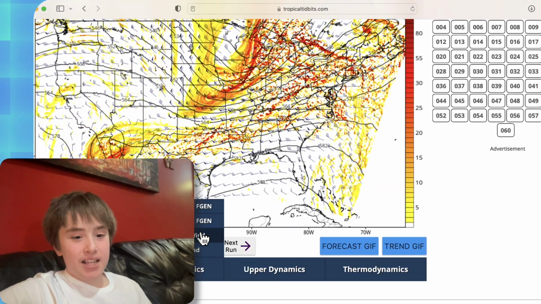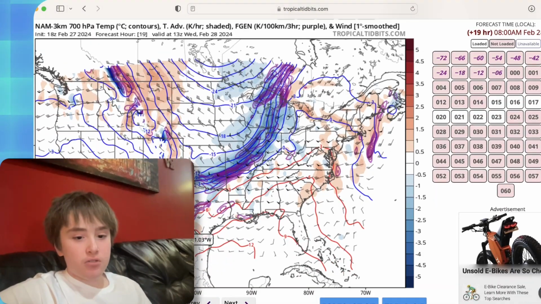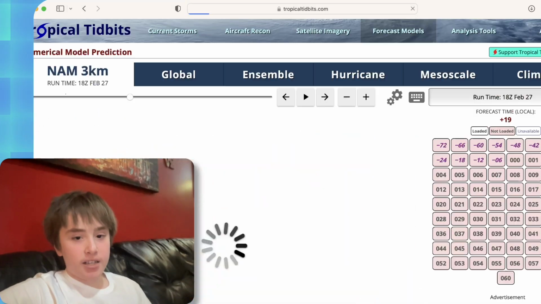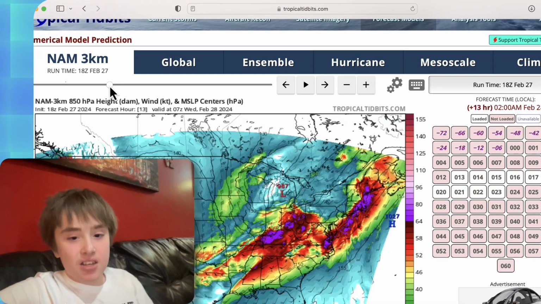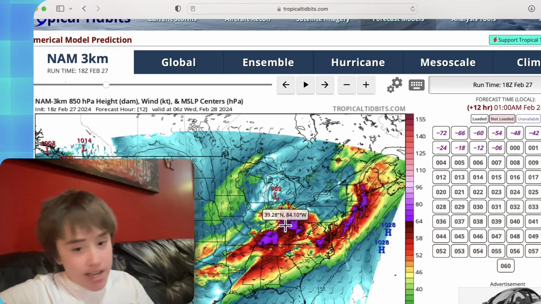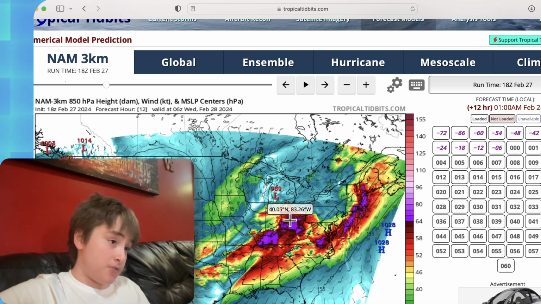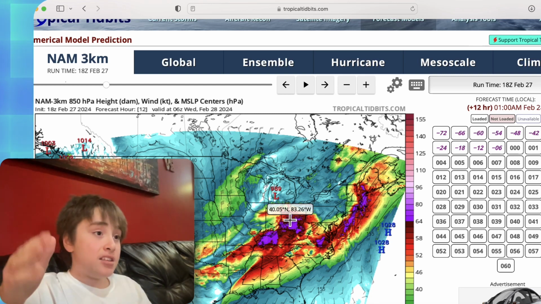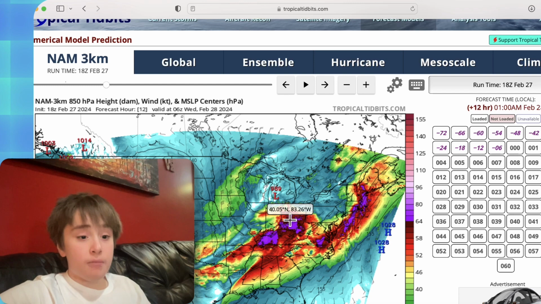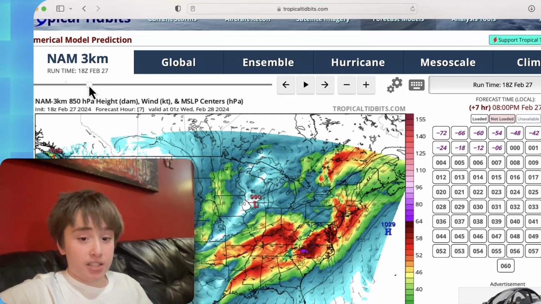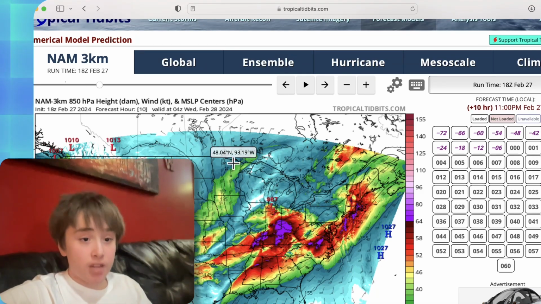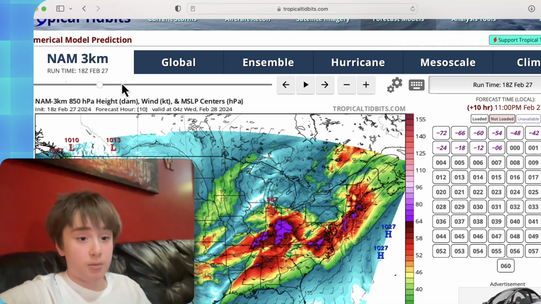But that's not the main thing we can use. Here, we have to use the 850 millibar height and wind. And you can see, these are insane winds in the lower levels of the atmosphere. But still, that is potential for some tornadoes, especially with these extremely strong winds in the southern area and the northern area to some extent.